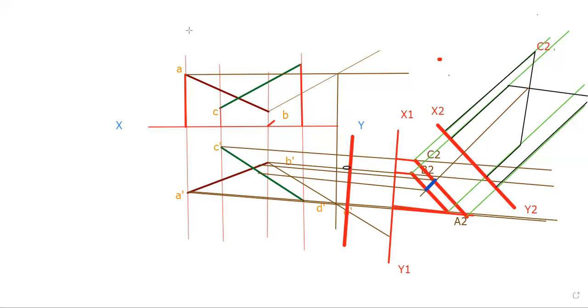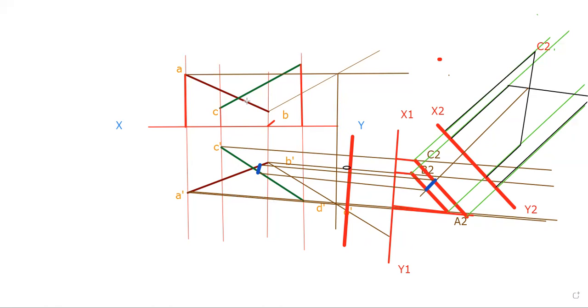Then I'm gonna change my line weight thickness, my line color, and I'm gonna draw a line from here to there. So this is the shortest possible distance on the plan view.